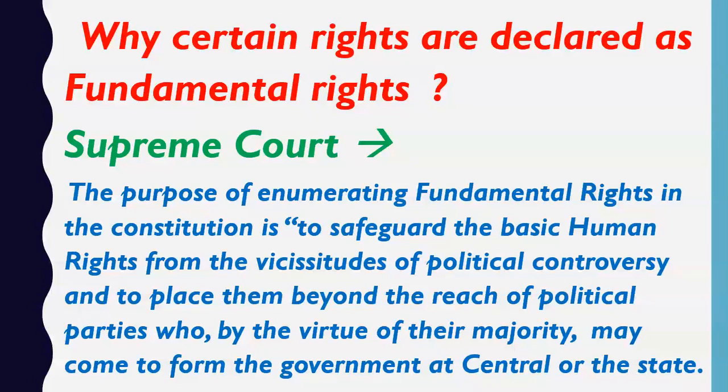Now friends, we all know that there is party politics in India. Party politics means there are many political parties. For example, BJP is a party, Congress is a party, Communist Party of India, Aam Aadmi Party, and similarly there are many parties in India, and these parties finally form the government. I have also told you how the government is formed.